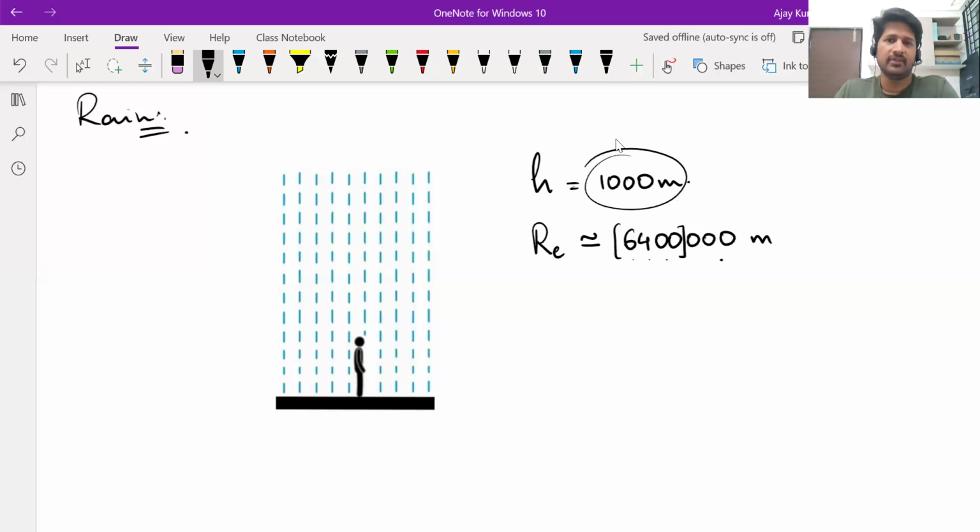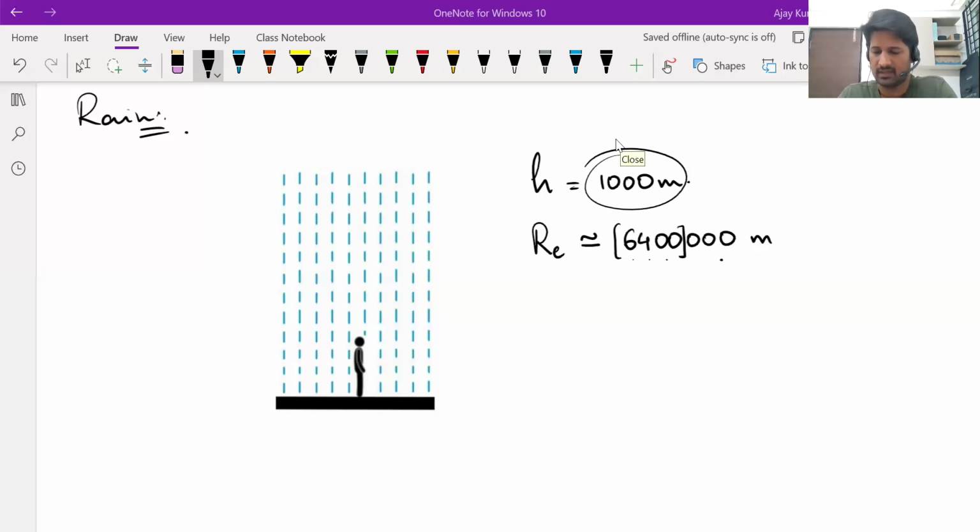Gravity changes significantly when you go to heights that are comparable with the radius of Earth. You learn that in the chapter on gravitation. So for 1,000 meters, acceleration due to gravity doesn't change that significantly. You can assume it is close to 10 meters per second squared. Okay, Vanilla, is it clear?